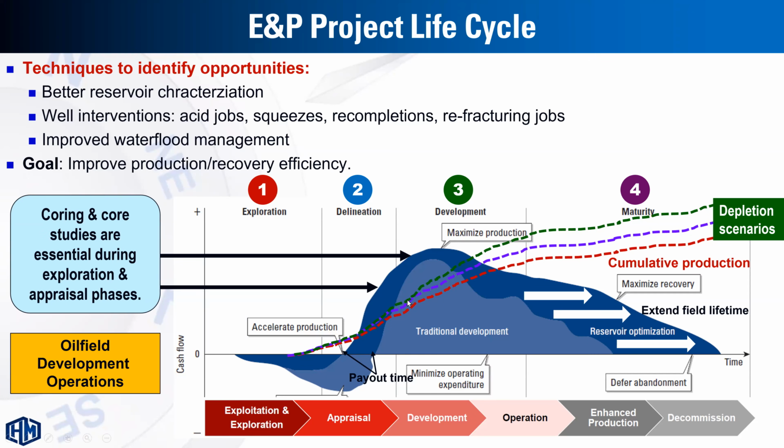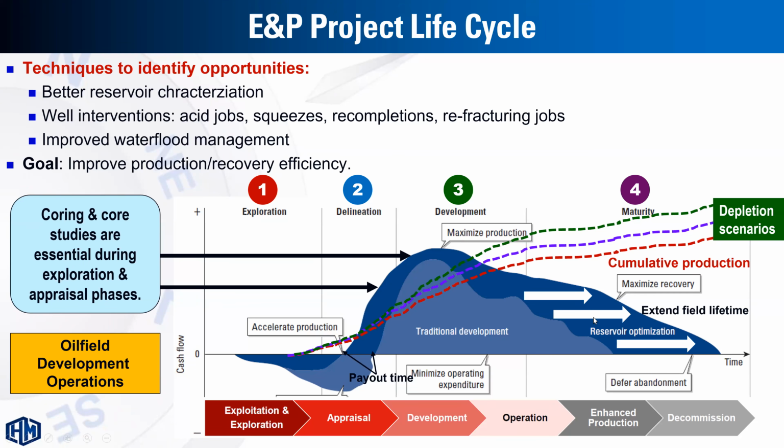The next phase is the development or production build-up phase. As you can see, the highest production can be achieved from a specific field. The objective is to extend this phase as much as we can. And finally, the maturity phase, where we have clear production decline or pressure depletion.